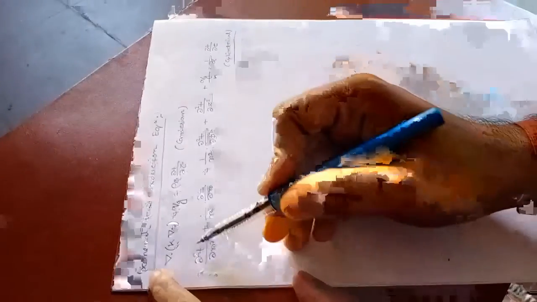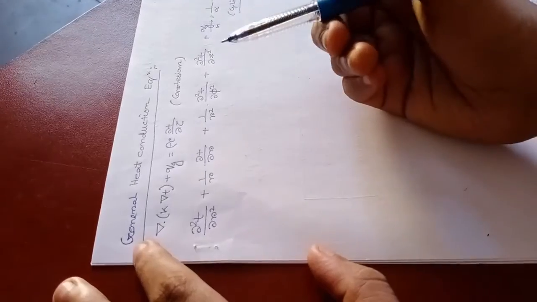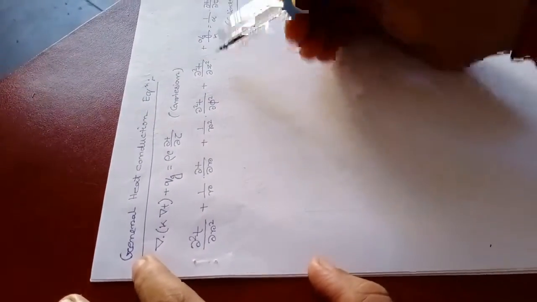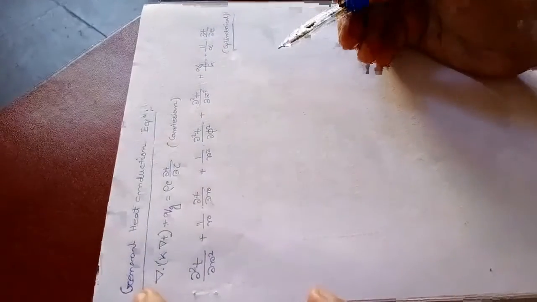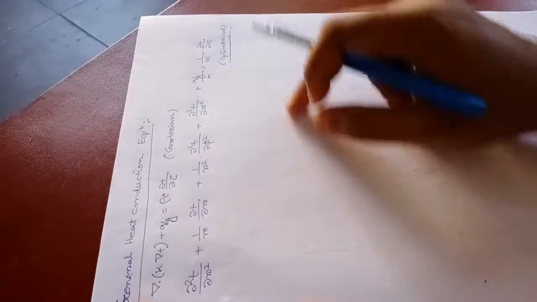You can understand the nomenclature: this is the temperature, this is the radius, this is the angle, and this is the length. So you know all these terms.